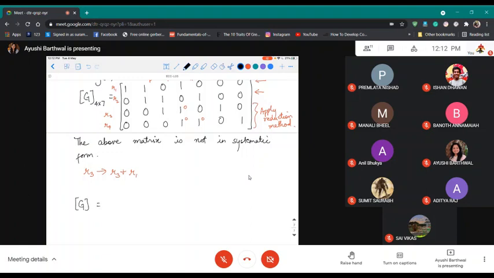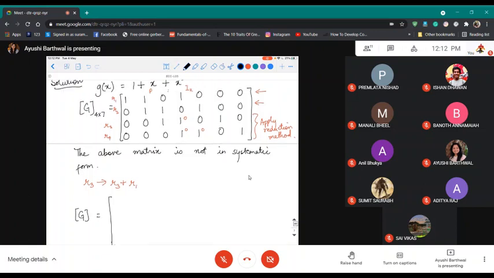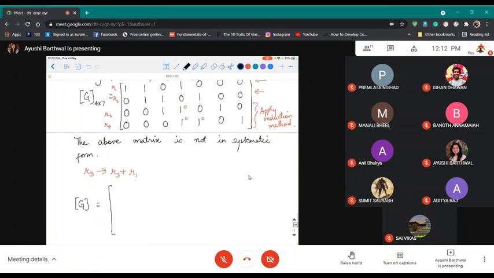So if I rewrite G, first we are only changing the third row, so all the elements of the first, second and fourth rows will remain the same.